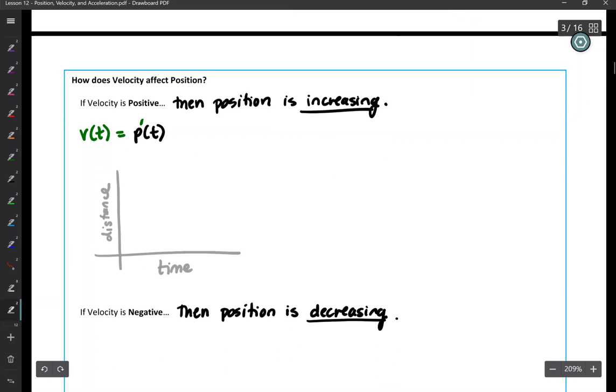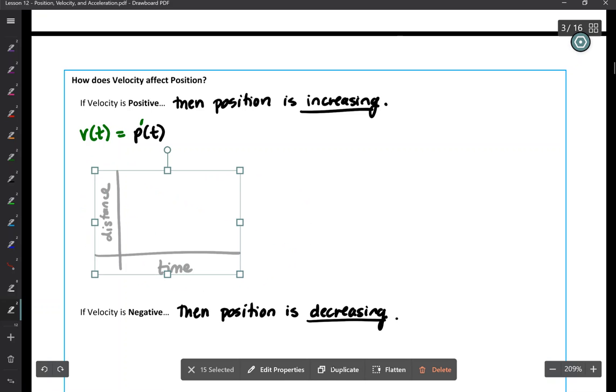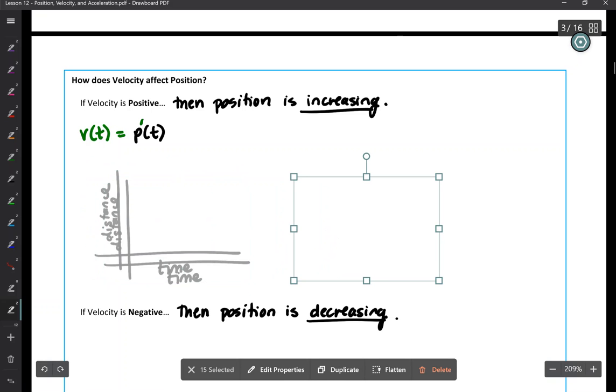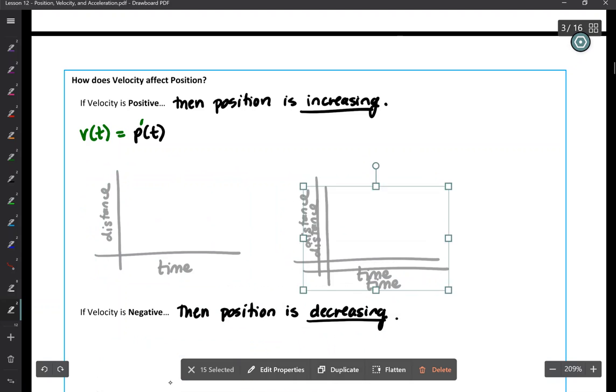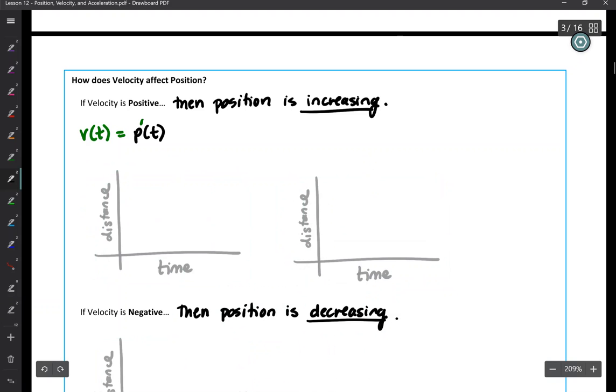I think I'm going to copy that. So my position is how far off the ground that particle is at a moment in time. Say my position goes like this. That's increasing. I'm happy if that's my money, that shape.